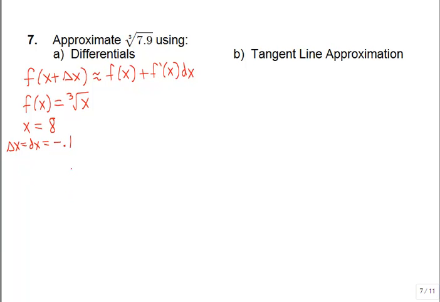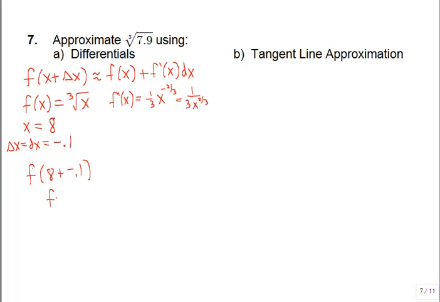Okay, now in order to use the differential approach, we need to know a derivative. So let's go ahead and compute that. f prime of x, this is like x to the 1/3. So if I bring down the 1/3 and I subtract 1 from the power, that becomes 1 over 3 times x to the 2/3. So I think we're ready to plug in f of the good value 8 plus that delta x, which was negative 0.1.